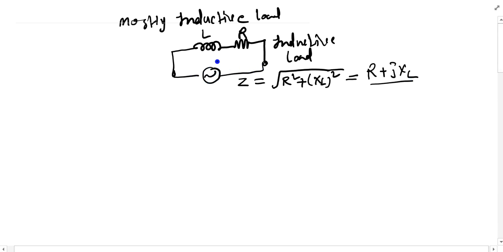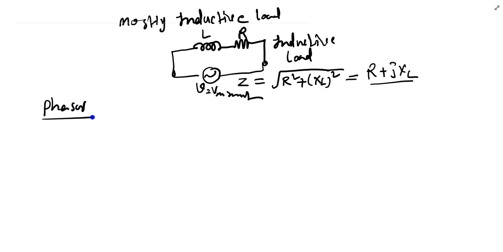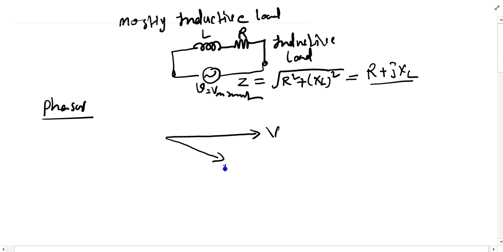If you draw the phasor diagram for this RL circuit, and I take the voltage V as a reference, then my current I lags by the angle phi.